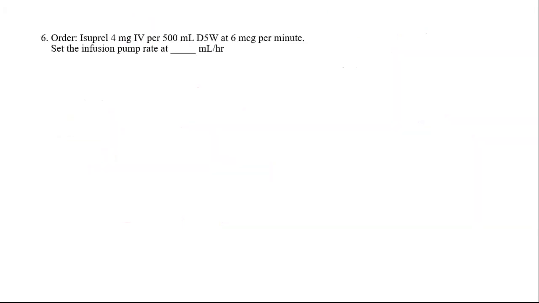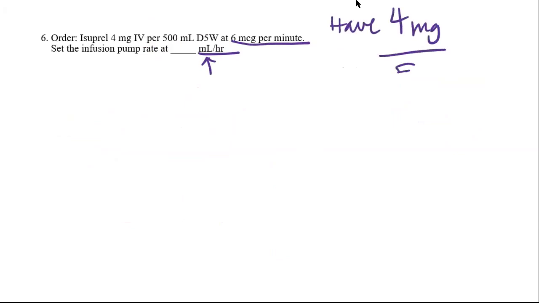So now we're going to do this one. 6 micrograms per minute is the rate. We want milliliters per hour. We need to know how much to set the infusion pump to. And what we have is 4 milligrams in 500 milliliters. Very simple, except we want micrograms. We need to have those be the same.